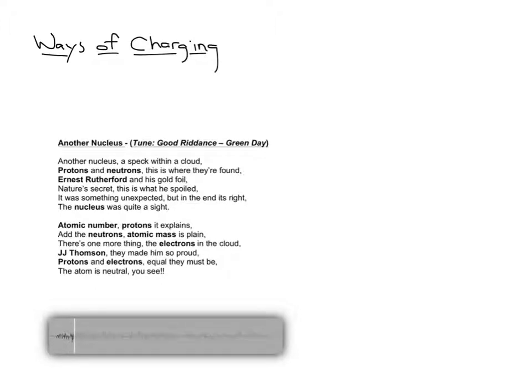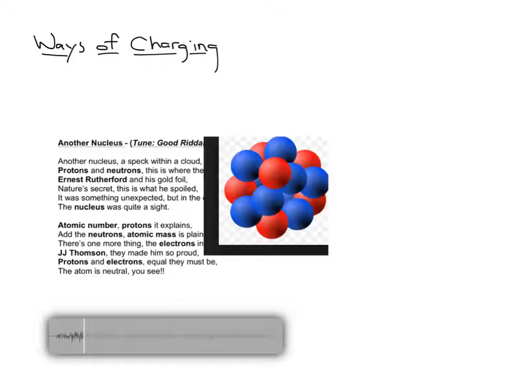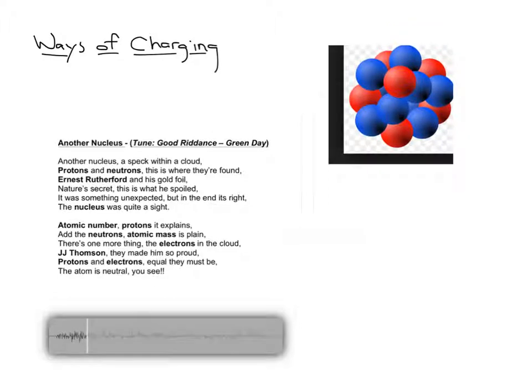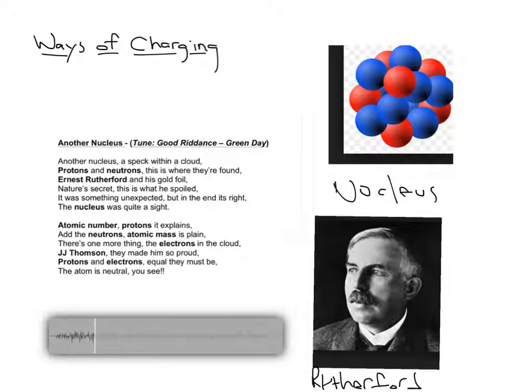Another nucleus is back within our cloud. Protons and neutrons, this is where they're found. Ernest Rutherford and his gold foil. Nature's secret, this is what he spoiled. It was something unexpected, but in the end it's right.